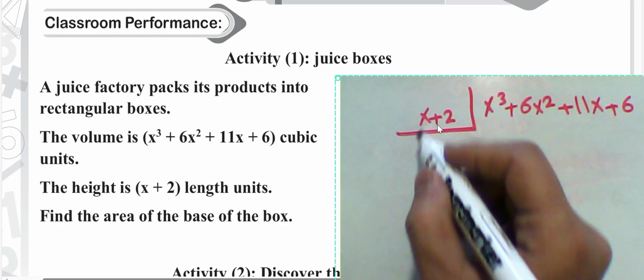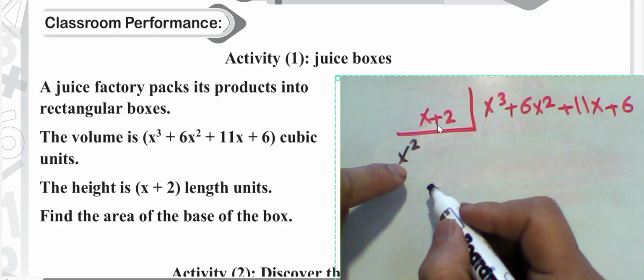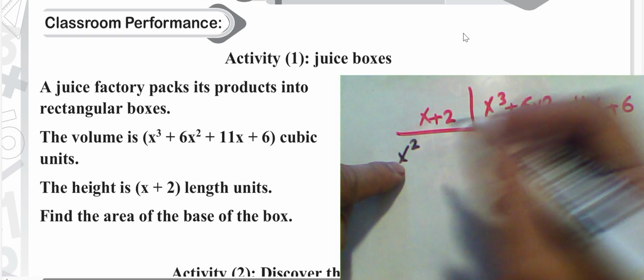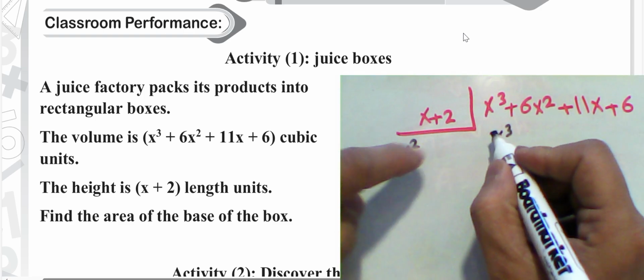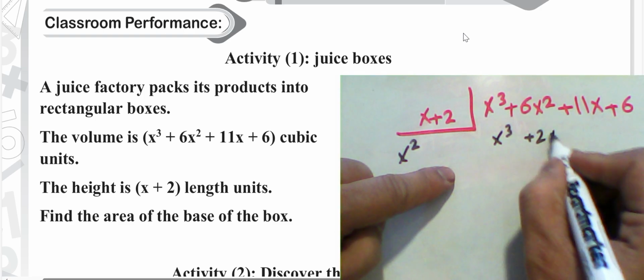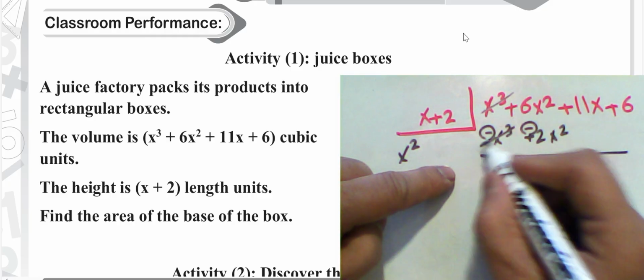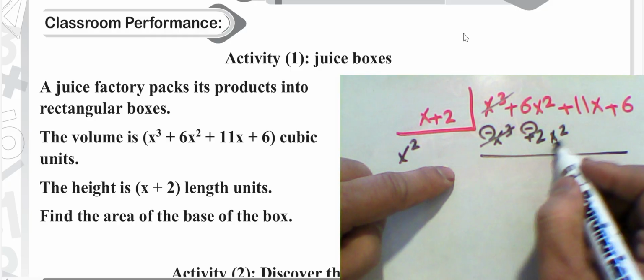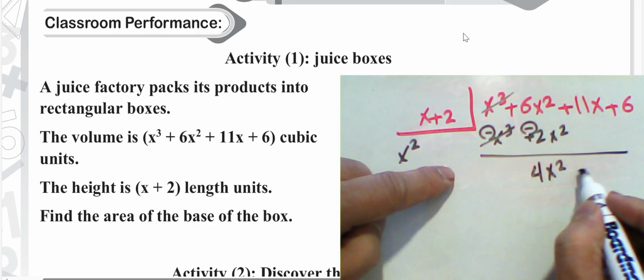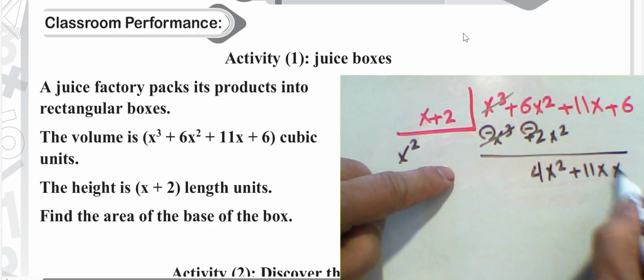x^3 divided by x will be x^2, and then x^2 times x equals x^3, x^2 times 2 equals 2x^2, and then find the difference between the two. 6x^2 subtract 2x^2 will be 4x^2 + 11x + 6.